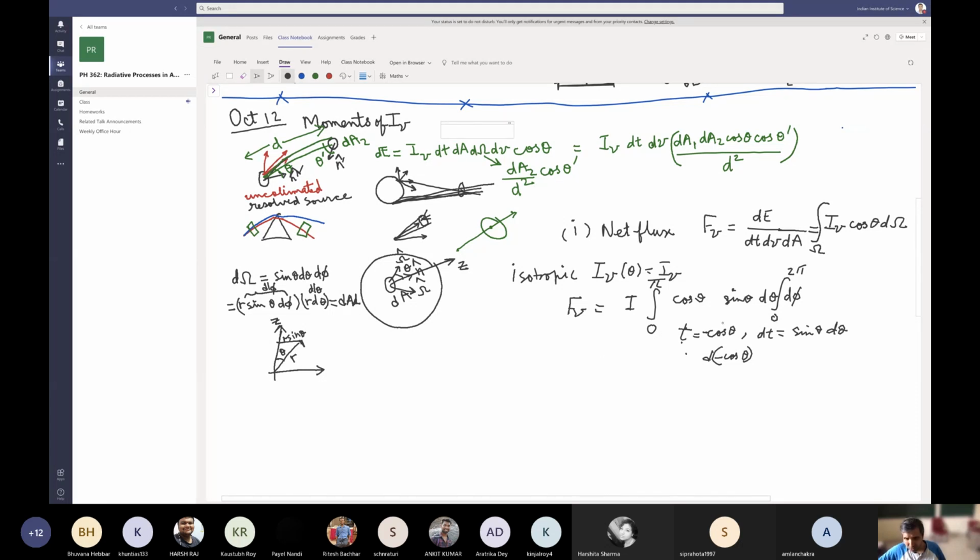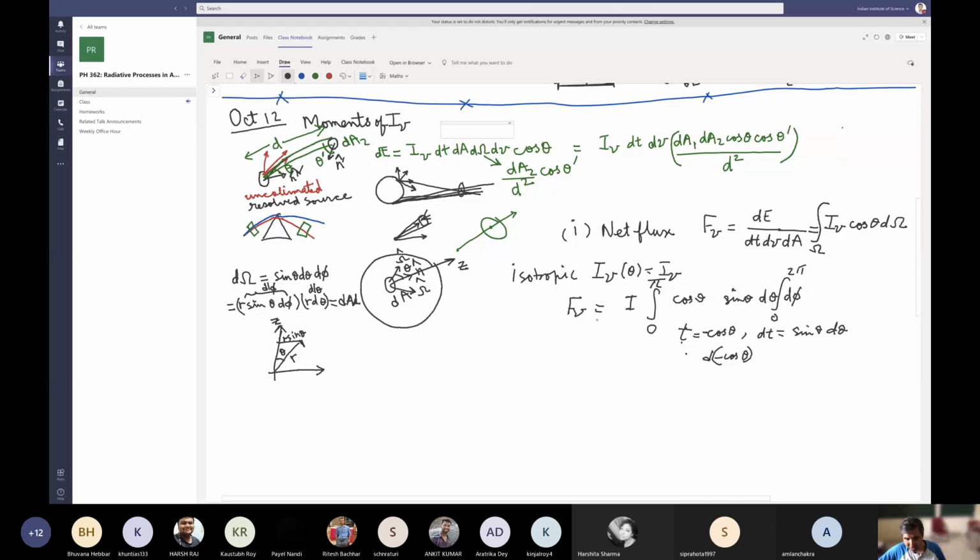So d minus cos theta is sine theta d theta, and sine theta d theta is dt.